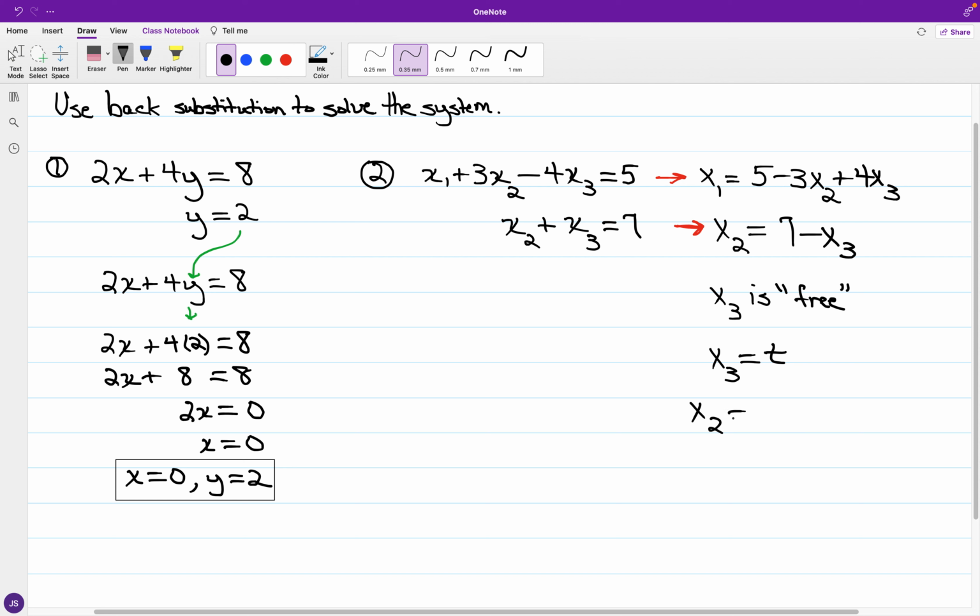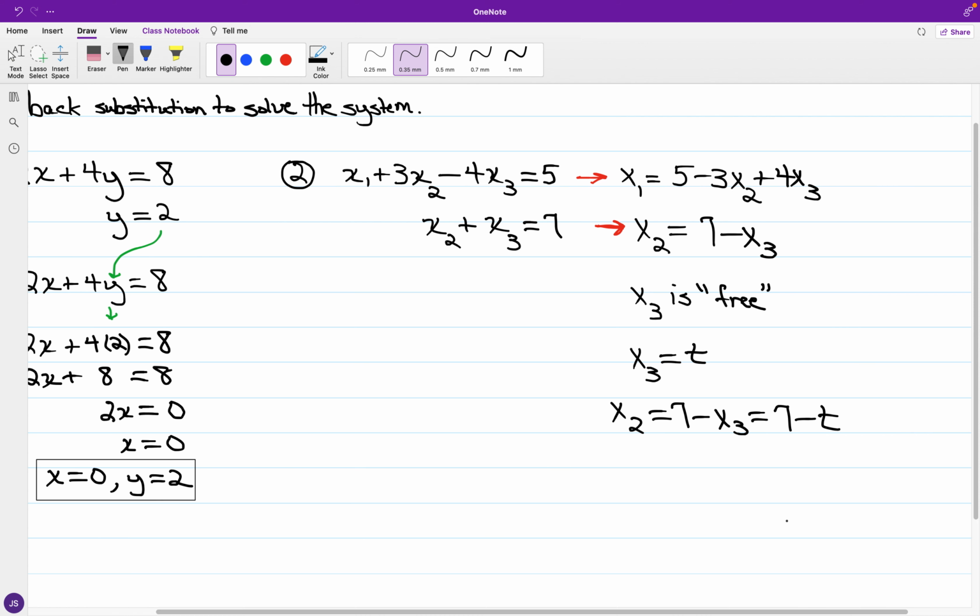Looking at back substituting, we have that x of 2 is equal to 7 minus x of 3, which is going to be equal to 7 minus t. And in turn for x of 1, again we have 5 minus 3 times x of 2 plus 4x of 3.